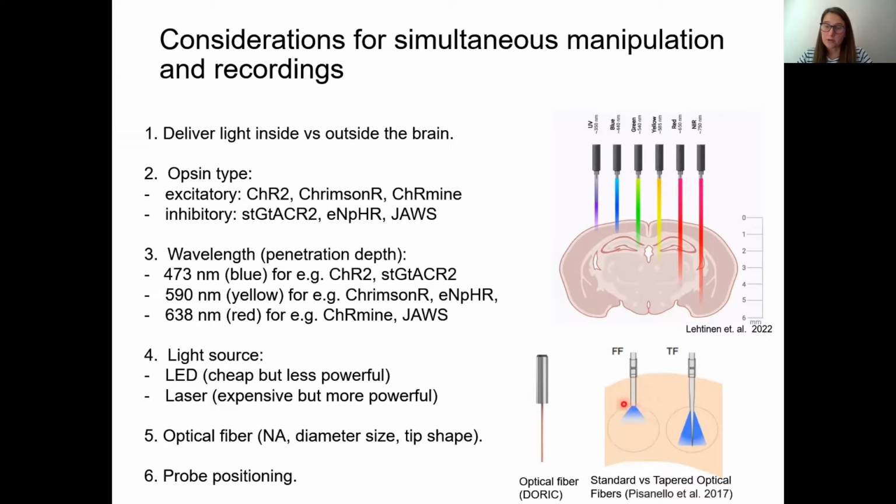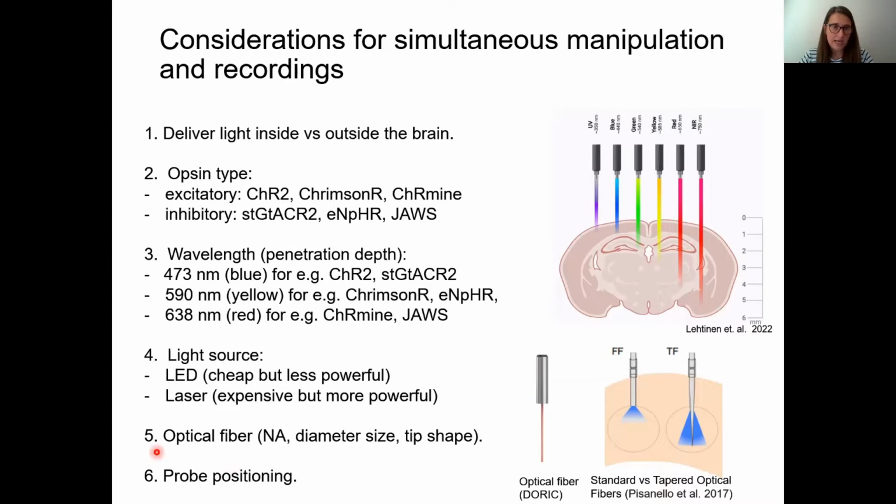A flat fiber, on average, delivers very local light in the tissue, whereas with tapered fibers you can see that you can reach with the light a much larger volume of the tissue. So that's something to consider: think about how big the brain structure is that you are going to manipulate, whether you prefer very local and precise manipulations, or very big and bulk ones.